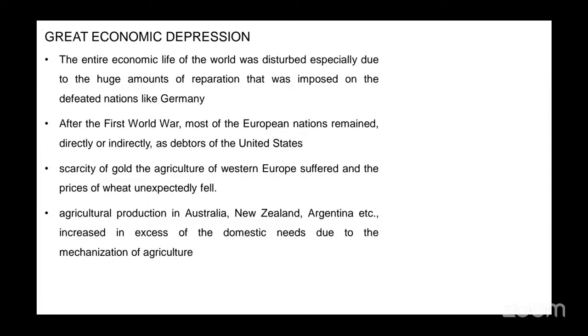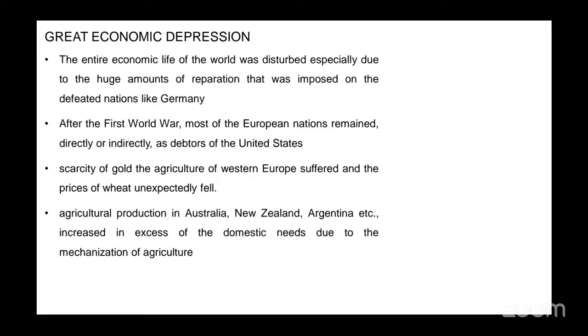So what happened is after World War One, the European nations remained either directly or indirectly debtors to the United States. This has led to scarcity of gold, and the agriculture of Western Europe has suffered, and the prices of wheat unexpectedly fell because the purchasing power of people had reduced and there was no money to buy such things.